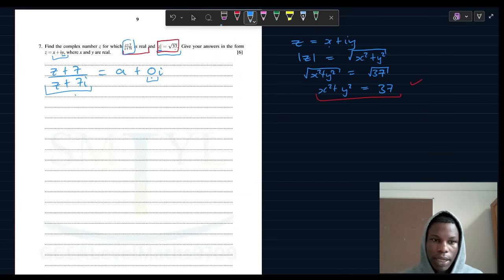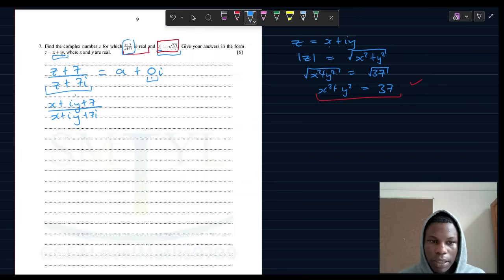So let's do that. So we've got (z + 7)/(z + 7i). Remember that z is also x + iy, so I'm going to write it in that form. So we get (x + iy + 7)/(x + iy + 7i).